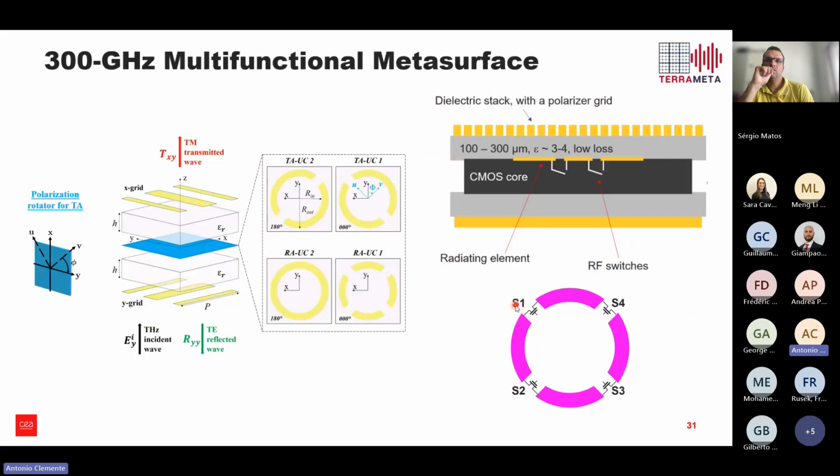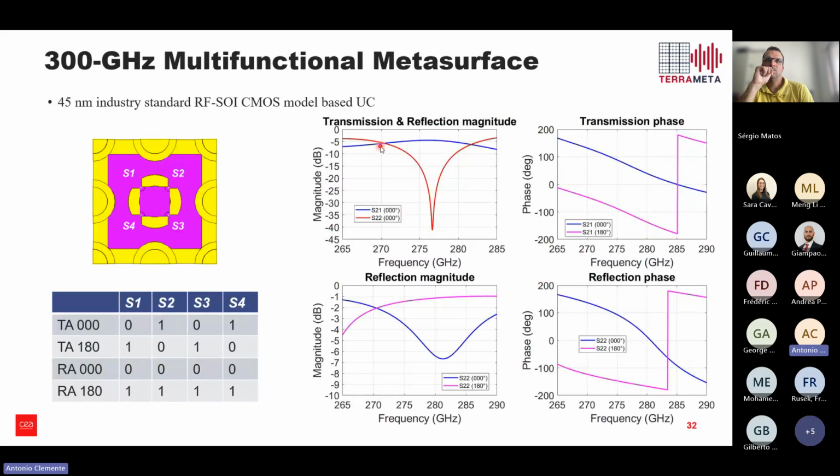The typical switch in this technology cannot operate at 300 GHz, but we are using a specific architecture to increase the frequency of operation of this device. For this reason, the total bandwidth is narrow. But even in this case it is more than 5%, around 8-9%.